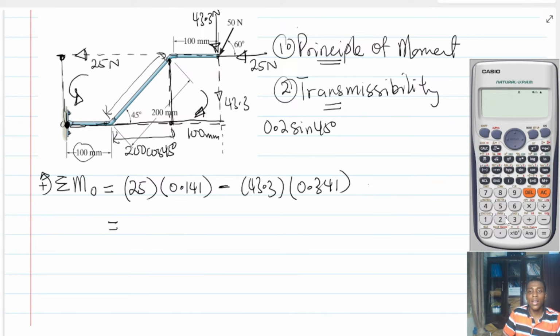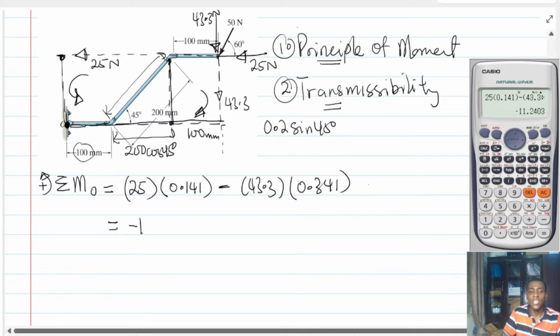That is 25 multiplied by 0.141, and then minus 43.3 multiplied by 0.341. And that is going to give me minus 11.24 Newton meter.